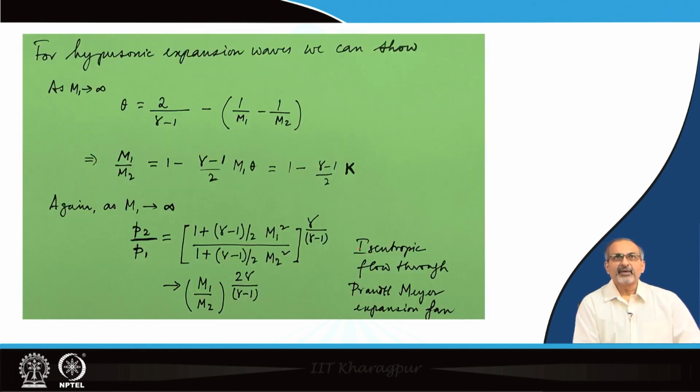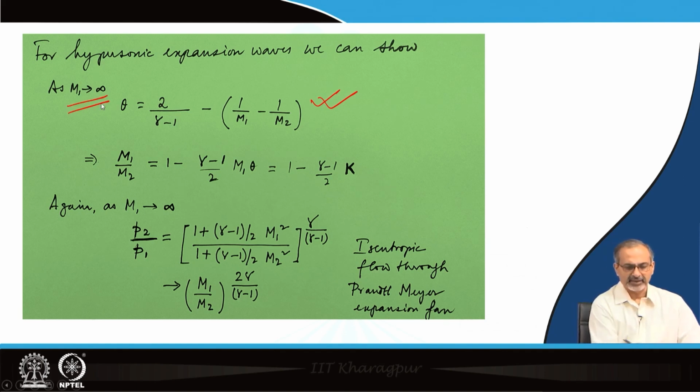For hypersonic expansion waves, we can show that as M1 tends to infinity, the relation for theta would simplify to a form like this. This is a small homework problem that you can work on and try to work out how this simplifies for M1 tending to infinity.